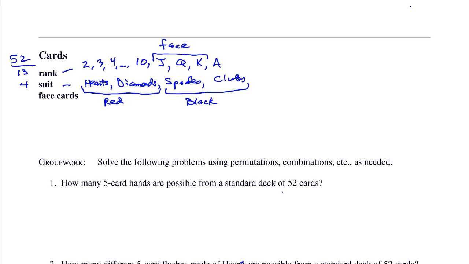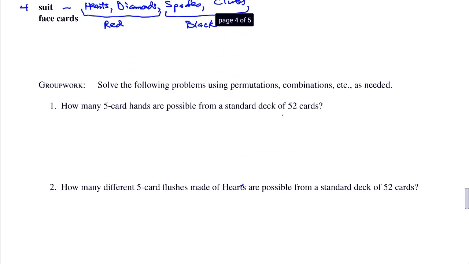All right. We have group work already. Okay, so I'll let you do some of these group work activities. Now remember, these problems are all mixtures of combinations and permutations. And maybe some multiplication principle thrown in as well.